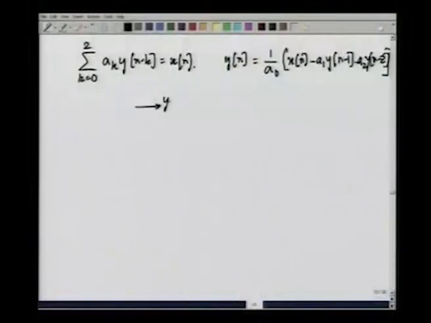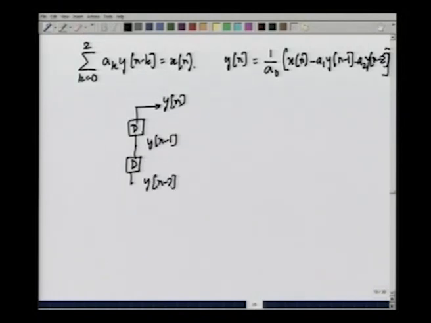Now, this also can be implemented if you follow the same trick that you followed a little while ago, which is to pretend that you have yn. Then you put one delay on this and get yn minus 1, put another delay on it and get yn minus 2.